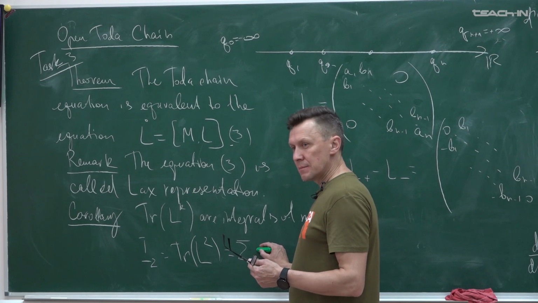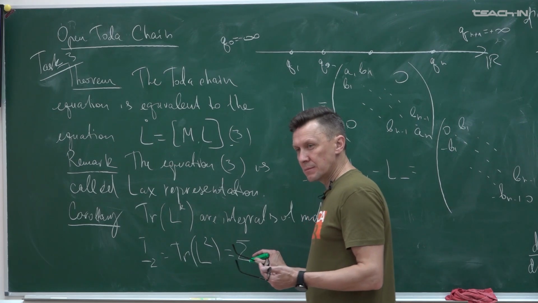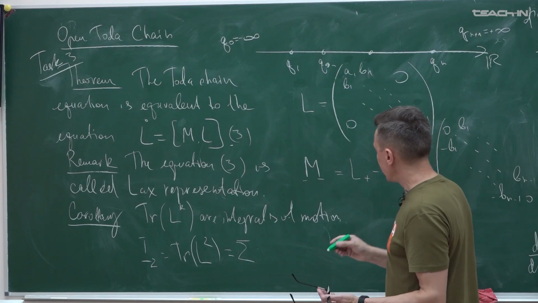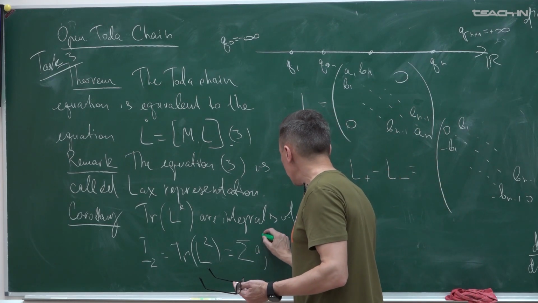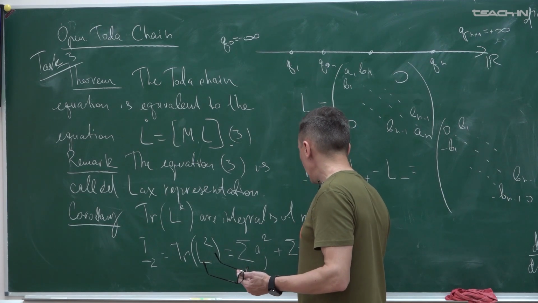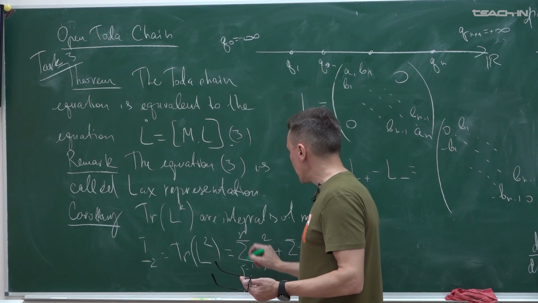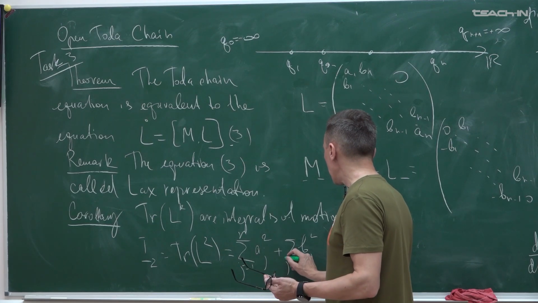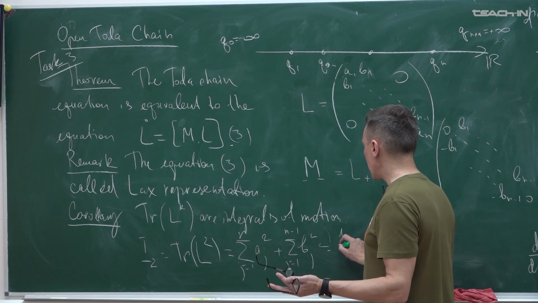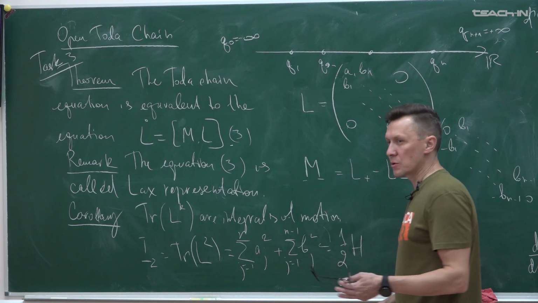The trace: the sum of A_j squared plus B_j squared, where here the sum is from 1 to n, and here the sum from 1 to n minus 1. You remember that it is root 2 of the Hamiltonian.